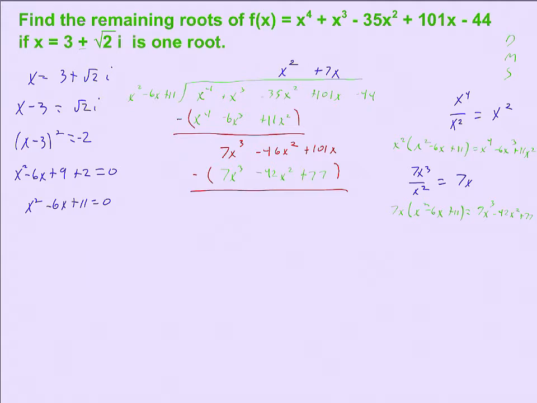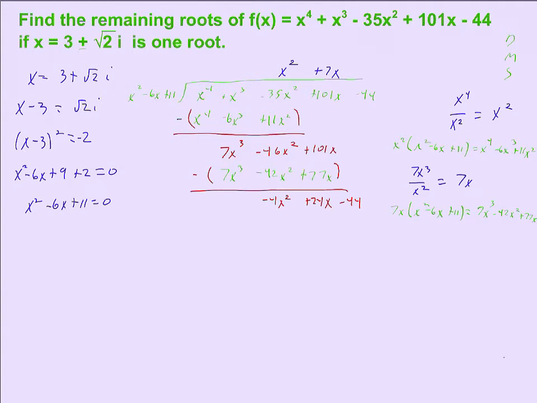Negative 46x squared minus negative 42x squared is negative 4x squared. And 101, sorry, I forgot my x here. 101x minus 77x is 24x. And I'm going to need that 44 in just a second.